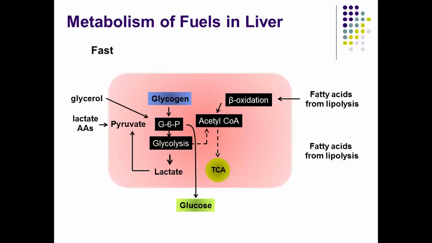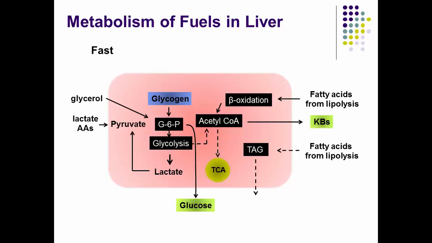right? And for the fate of that acetyl-CoA in the fasting condition, the majority will be utilized to make ketone bodies and released into circulation, right? And only a very small amount of acetyl-CoA is fully oxidized in the liver.